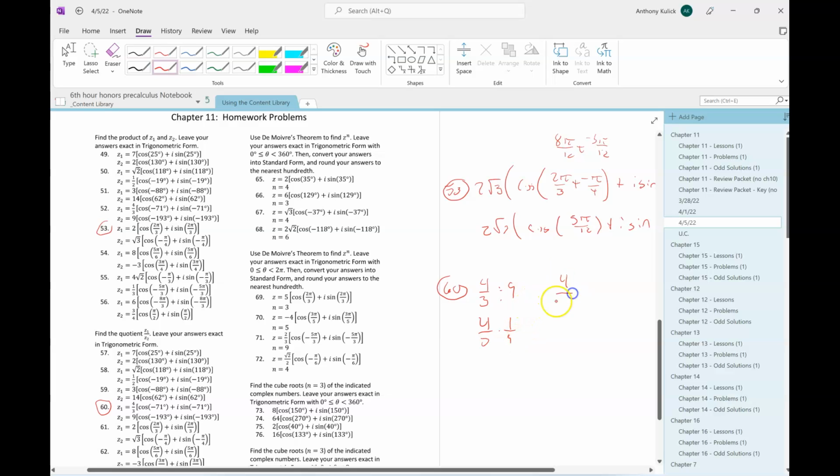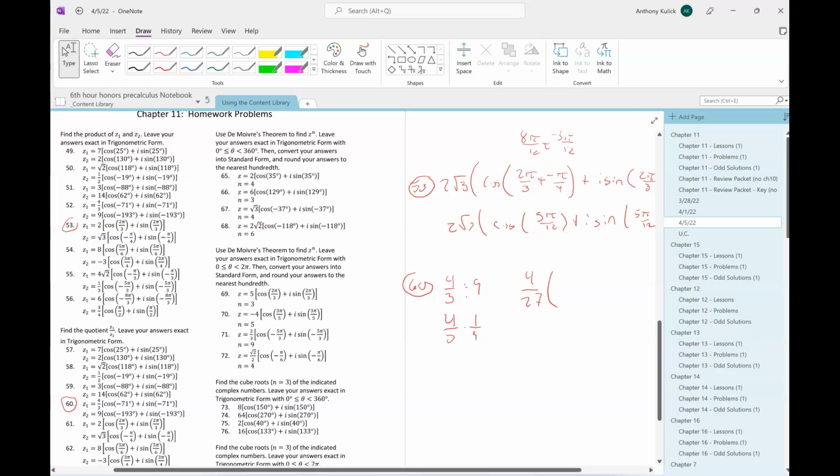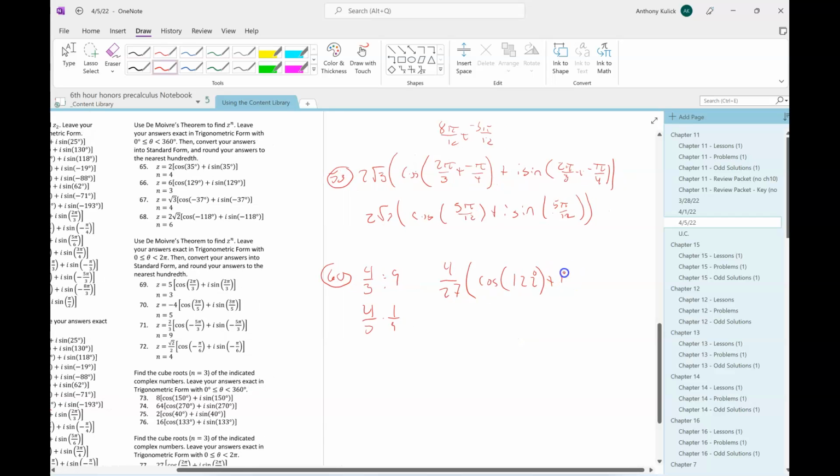So that's going to be 4/27. And then we're going to subtract. So -71 minus a -193 would be positive 122. So we're done.